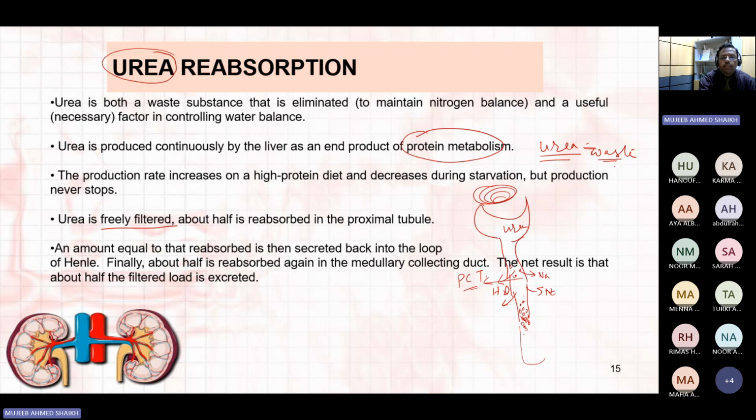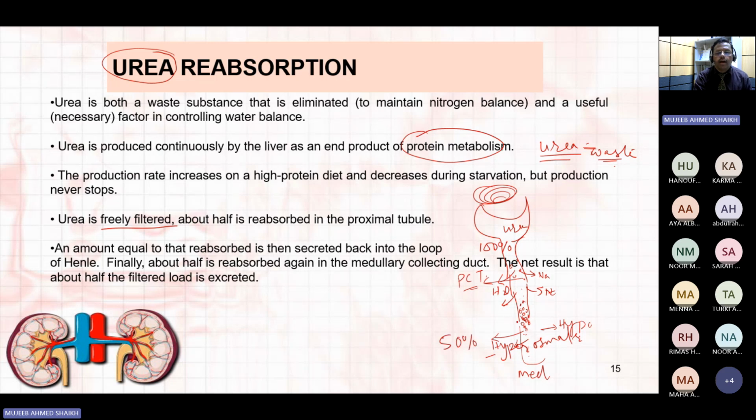Initially it is less concentrated. Once it goes down, it becomes a hyperosmolar solution. Because of this hyperosmolarity inside and hypoosmolarity outside, urea will be reabsorbed into the interstitium. So let us say 100% is filtered. Once it reaches the tip of the loop of Henle down in the medulla, 50% will be reabsorbed.